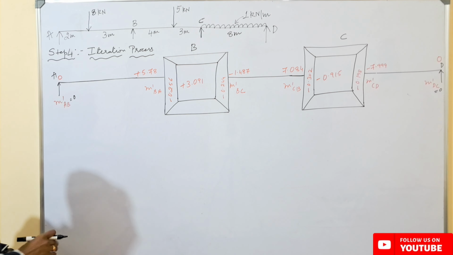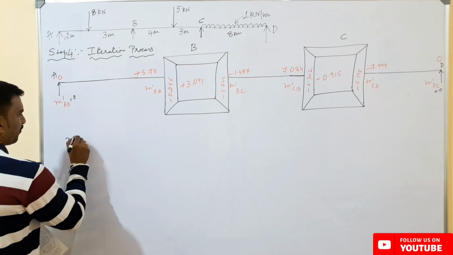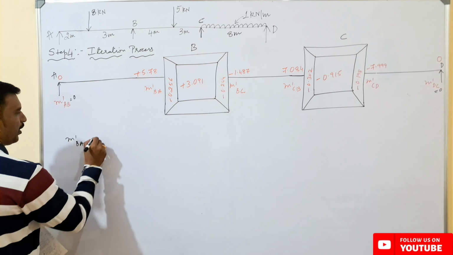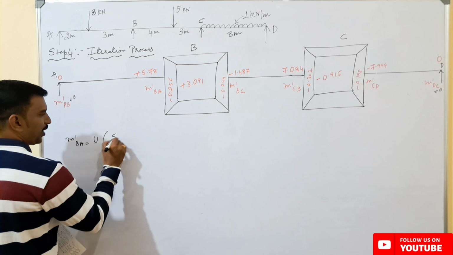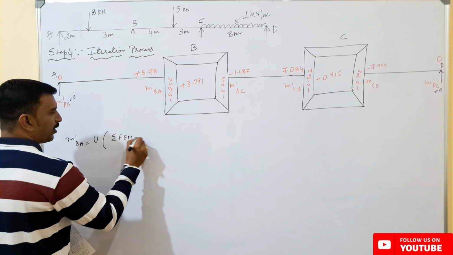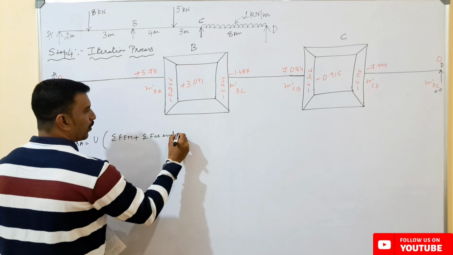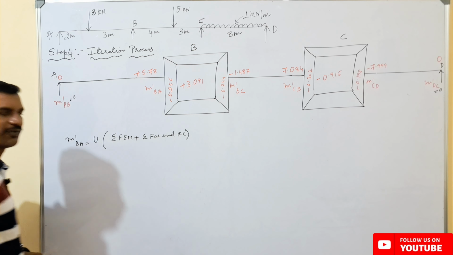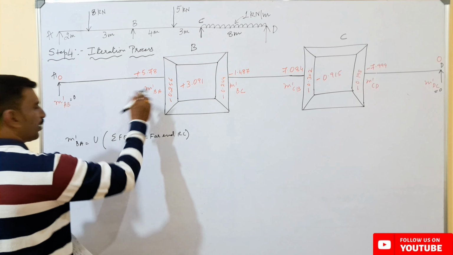And now if you want to find out the rotation contribution, we know the formula, which will be U multiplied into summation of fixed end moment plus summation of far end rotation contributions. This is a formula we have to use to find out the rotation contributions about that particular point.